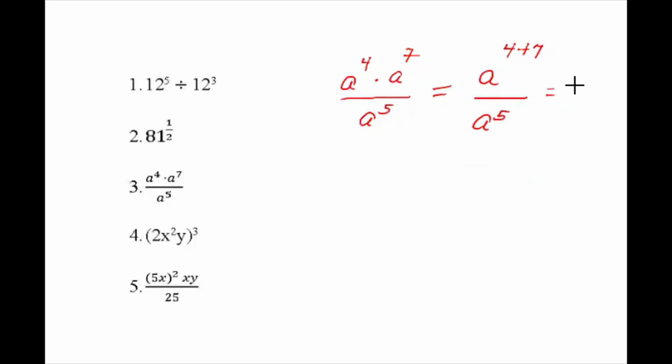And so then this gives me a to the 11th power divided by a to the 5th power. And that gives me a to the 11 minus 5, which is then a to the 6th power. Okay, so that's how we get away with that one, right?